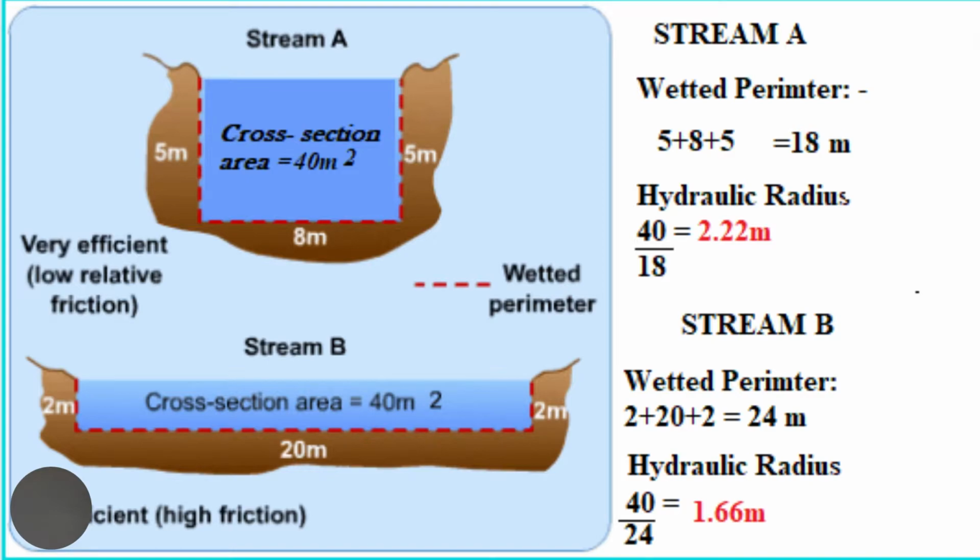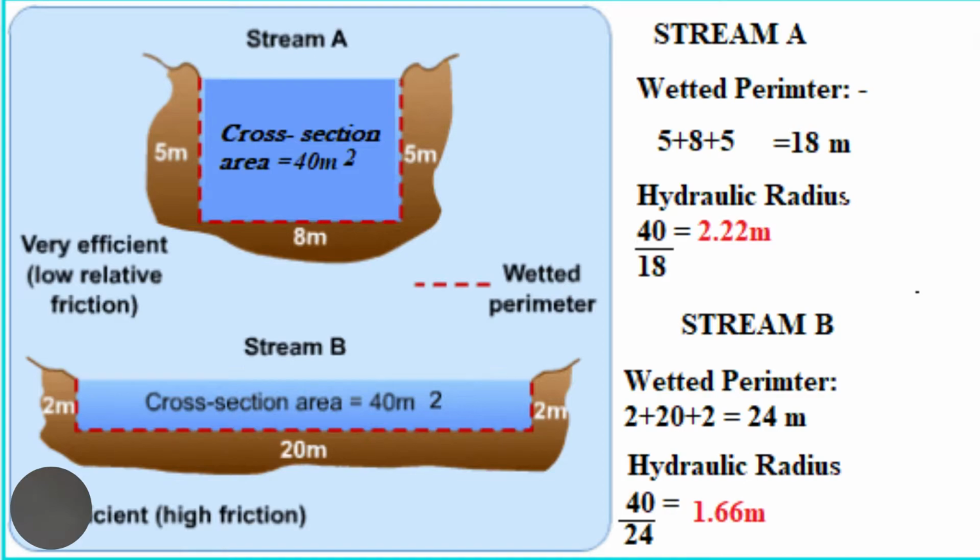For channel B, the cross-sectional area is also 40, since we multiply 2 by 20. The wetted perimeter is 24, which is the sum of 2 plus 20 plus 2 again.